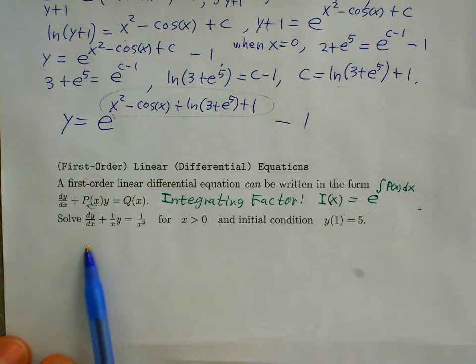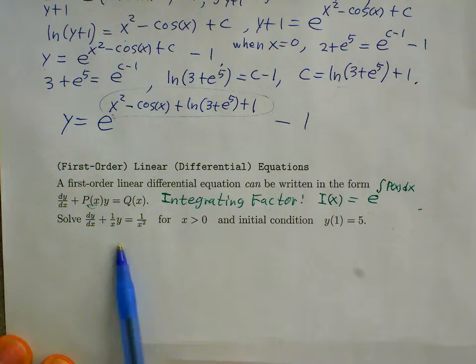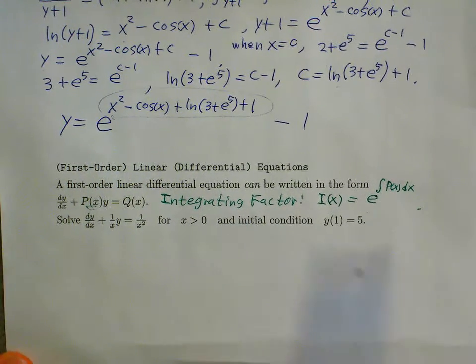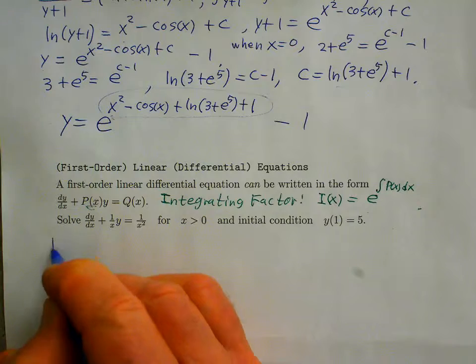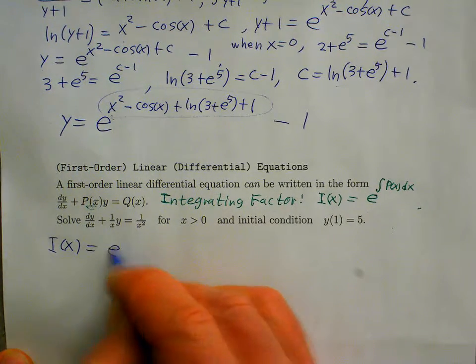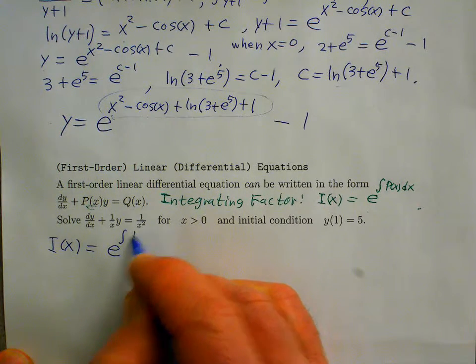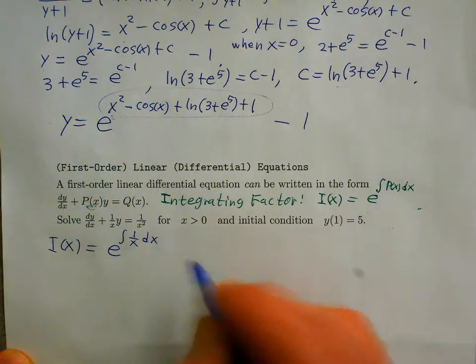Okay, so here's a first-order linear differential equation that's in the form that we want it. The p of x is 1 over x. So the integrating factor is e to the indefinite integral of 1 over x dx.